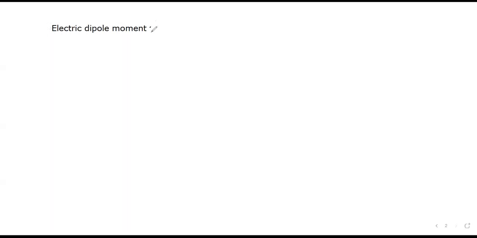What is the role of the electric dipole moment? It measures the strength of the dipole.